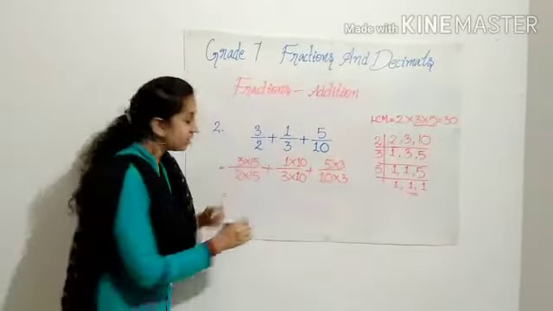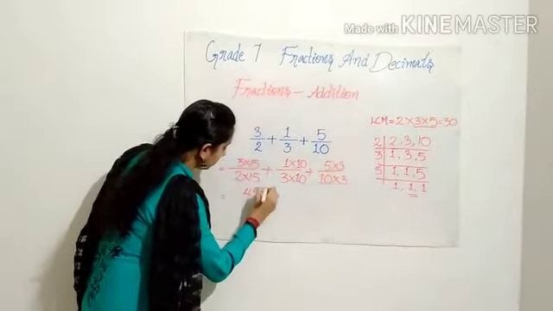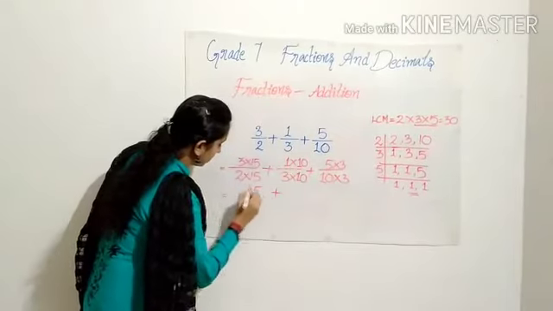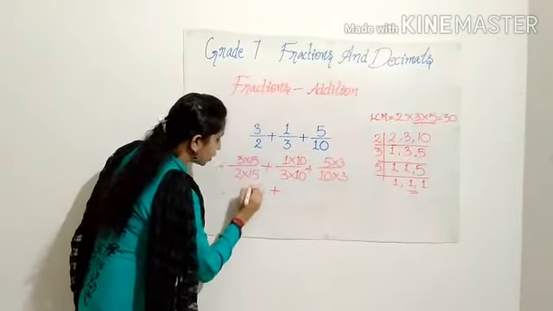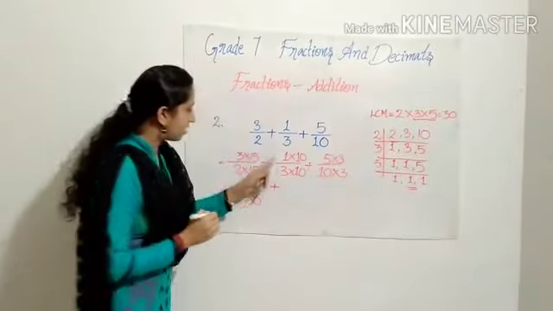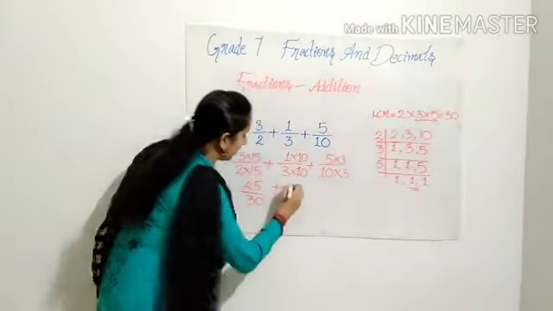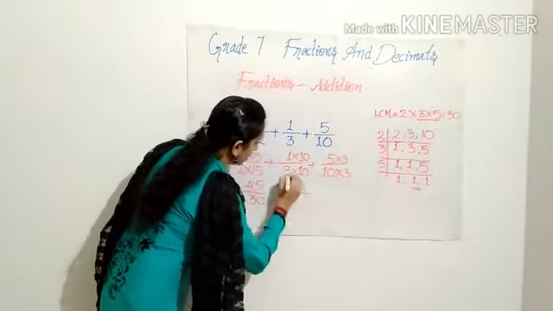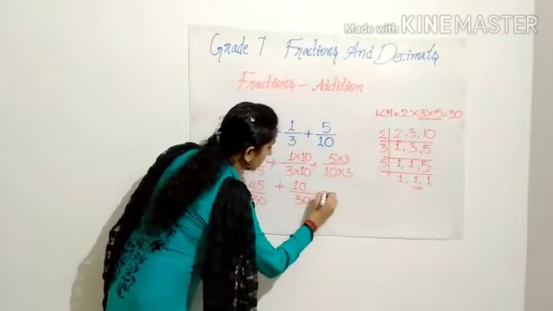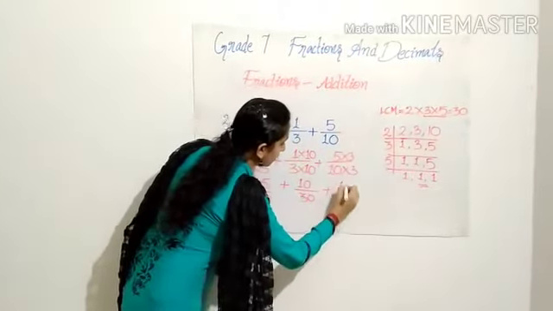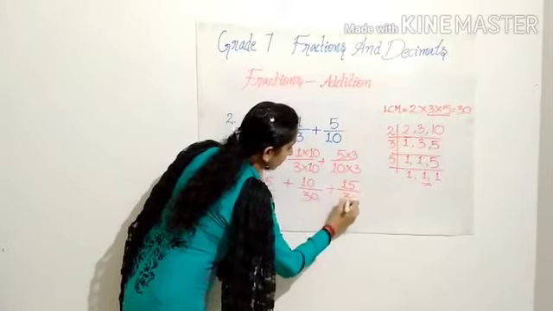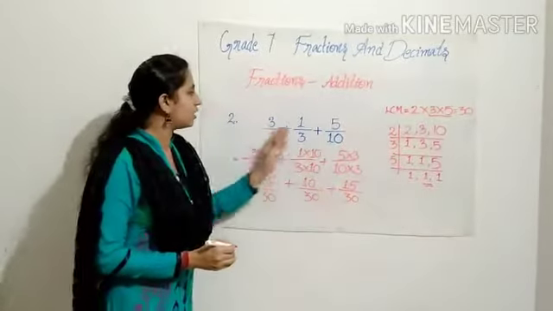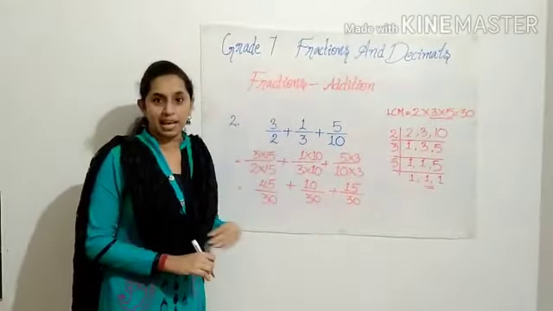3 into 15, it is 45. Plus, and denominator 2 into 15, it's 30. And 1 tens are 10. 10 divided by 3 tens are 30. Plus 5 threes are 15 divided by 30. Now we have converted all these 3 fractions into like fractions.